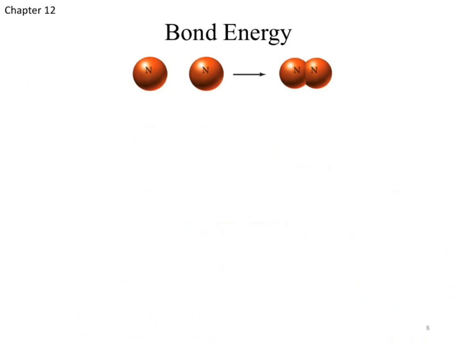So if we start with two separate atoms, and we go together to try and make them a bond, if that bond is higher in energy, is that more stable or less stable? Less stable. What are your atoms going to do? Split back into the atoms. I don't want to be higher energy, I want to be lower energy. So we would not predict a bond to be higher in energy than the individual atoms.